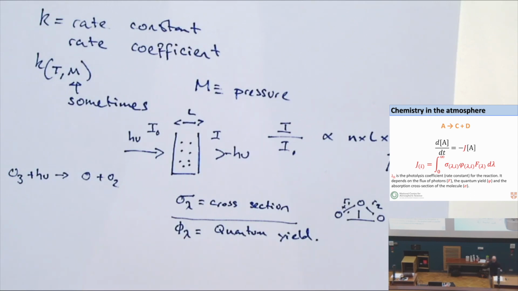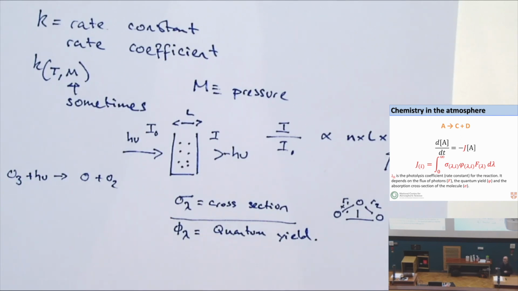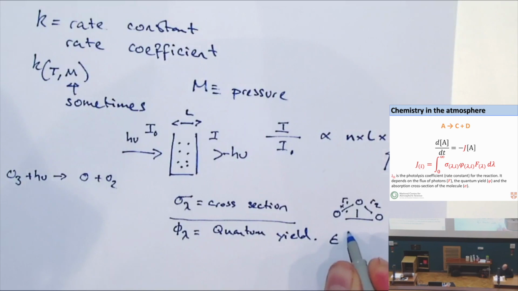But only some of them will actually be high enough energy to make one of the O atoms pop off. And that's what the quantum yield is measuring. So for every photon that I absorb, how many of them lead to a dissociation? It basically goes from 0 to 1, and if it's 1, it means that the wavelength of photon that I'm interested in is high enough energy for me to break apart.